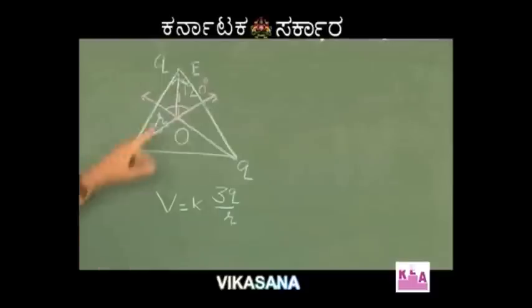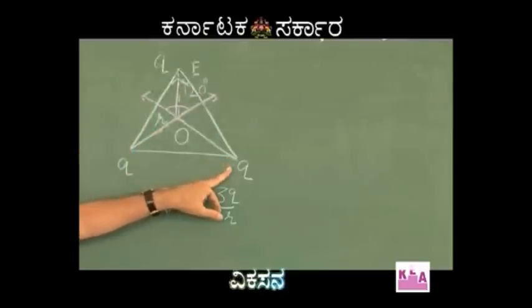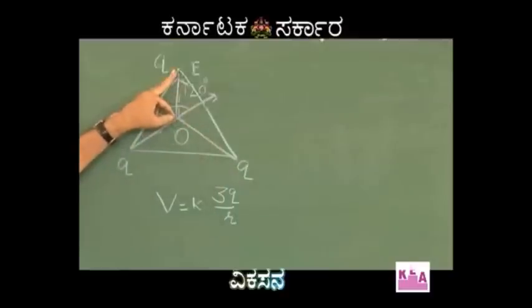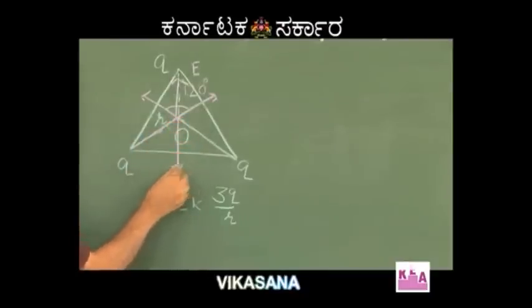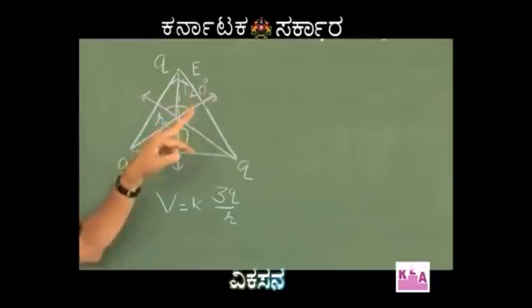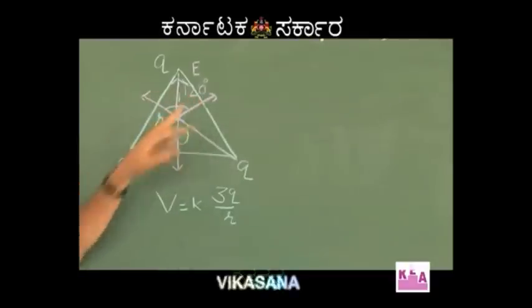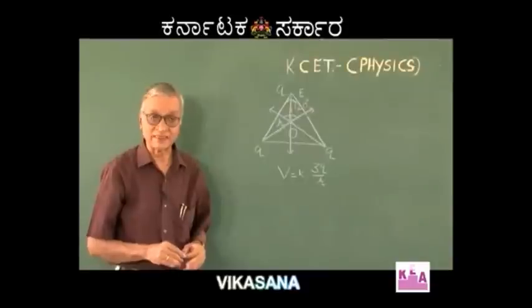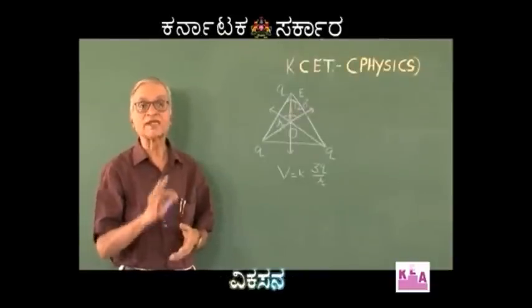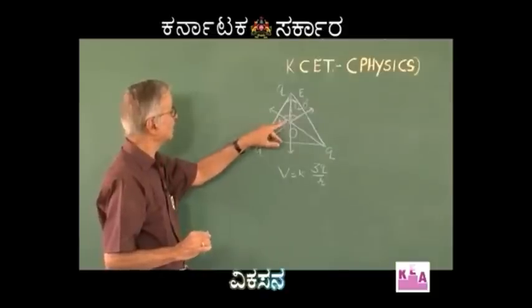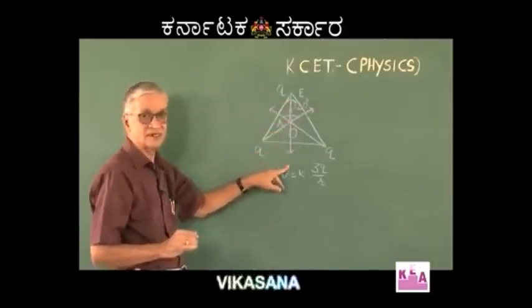Now, I have calculated the intensity due to charges at these 2 points. If I now calculate the intensity due to the charge Q at A, you agree that it will repel and the intensity is the same as either of the two intensities. Therefore, to calculate the net intensity, it is sufficient to take the resultant of this intensity and this intensity.